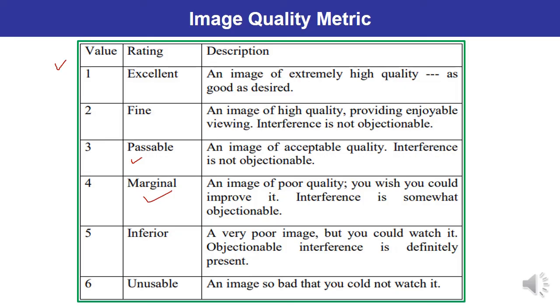Excellent will be when an image is of extremely high quality, as good as desired. Fine means an image of high quality providing enjoyable viewing. Interference is not objectionable. So accordingly the ratings can be given, and that will help us to calculate the subjective criteria.